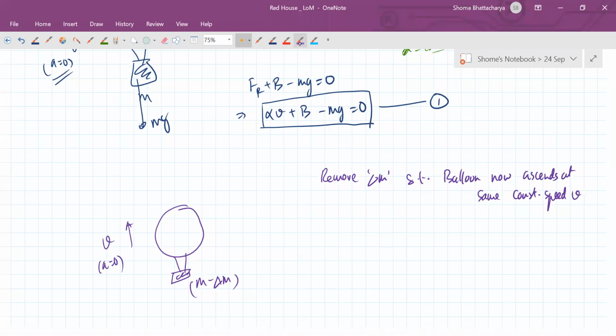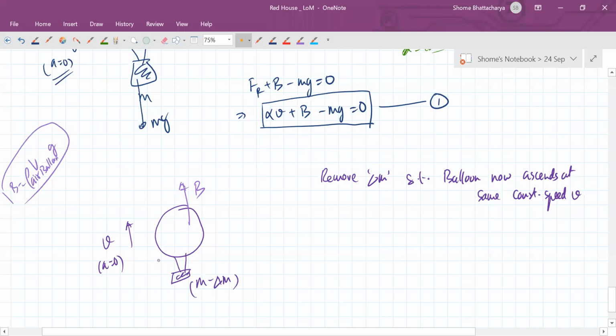So what about the forces? First and foremost, the buoyant force will remain the same. In both cases it is density of air into volume of the balloon into g, so that does not change. The formula of the resistive force also doesn't change: it is minus alpha v. But in this case, because the velocity is upwards, the direction of the resistive force is going to be downwards.